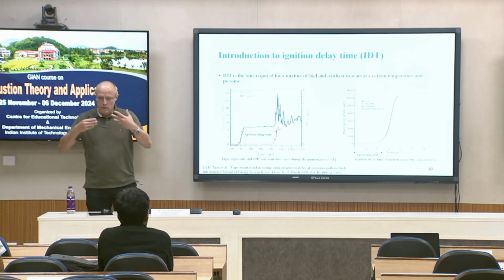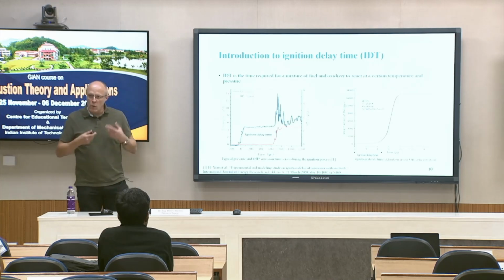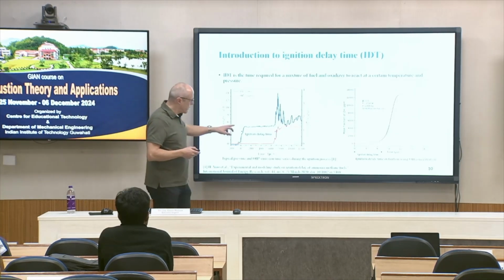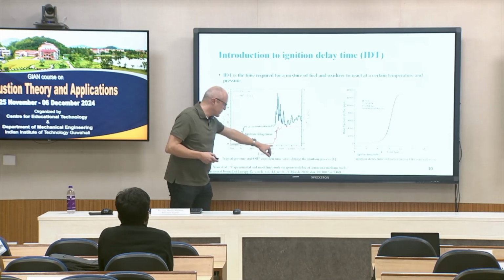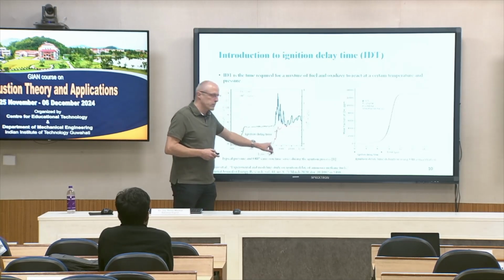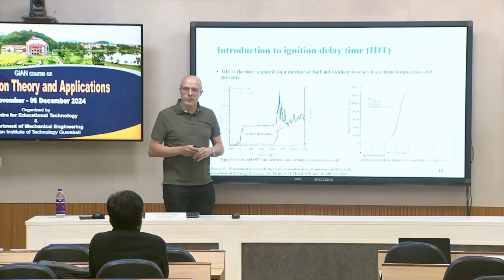There is competition between the chemical processes and, for example, heat loss to the wall and so on. But then after a specific time, around 700 microseconds, the system ignites, the pressure increases.